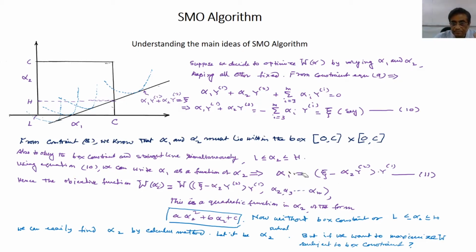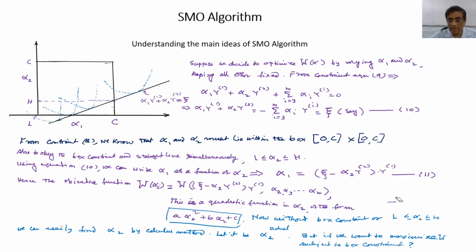Since y i is either minus 1 or 1, y i square will always be 1. That's it.